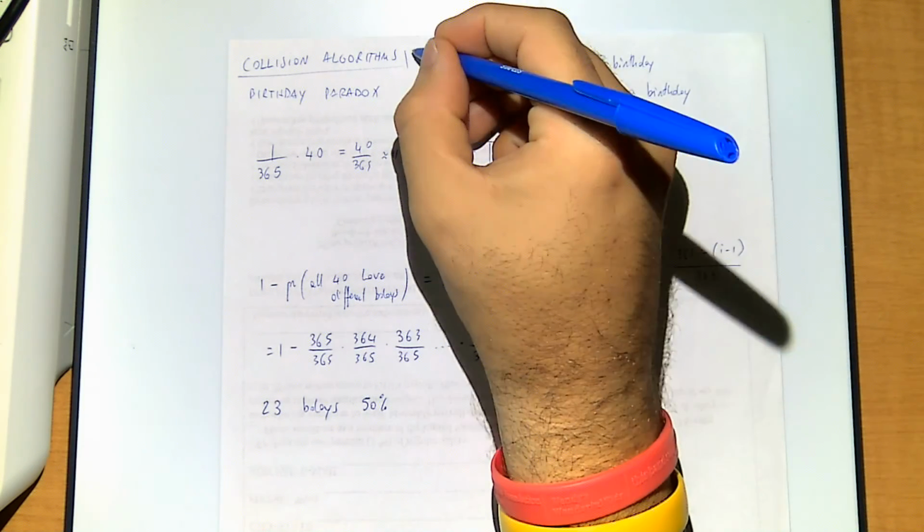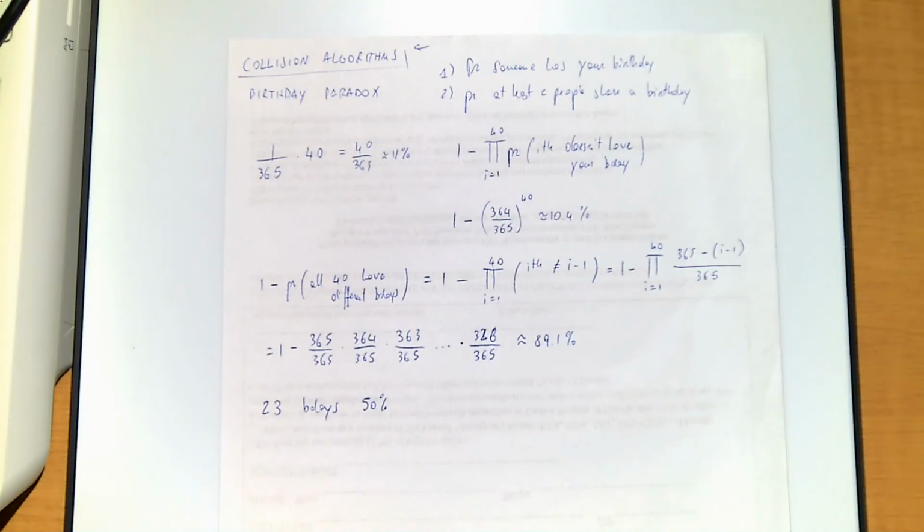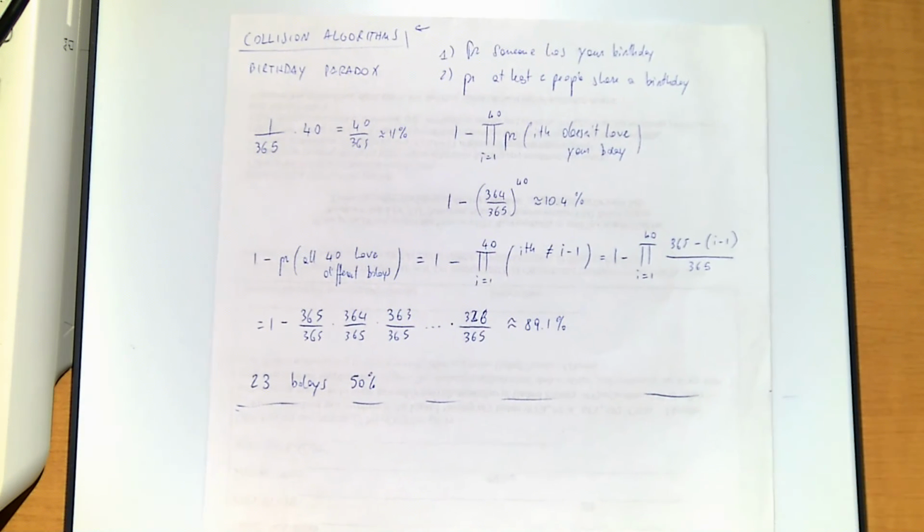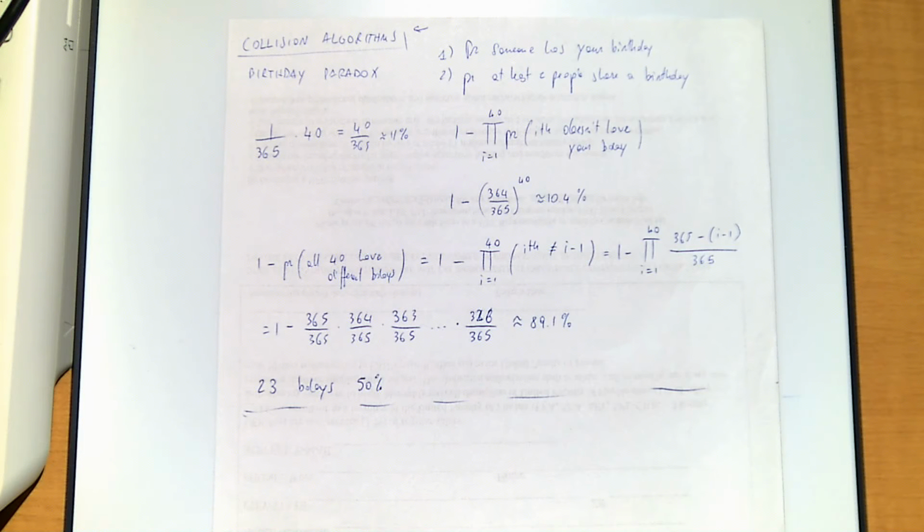Okay, so now here's where we get to collision algorithms. This was like a step back, but the idea is that there's this paradox for which finding a match is actually very likely, even with a restricted sample space.